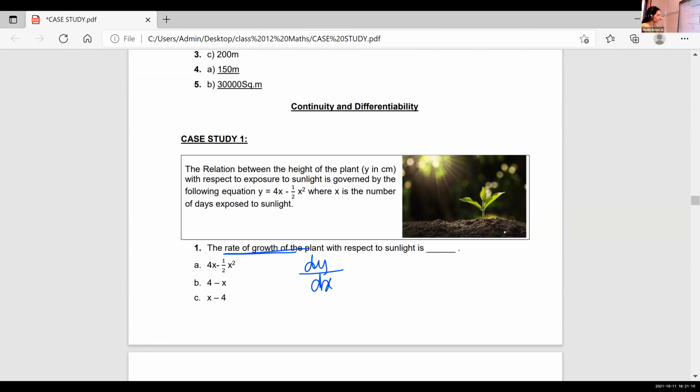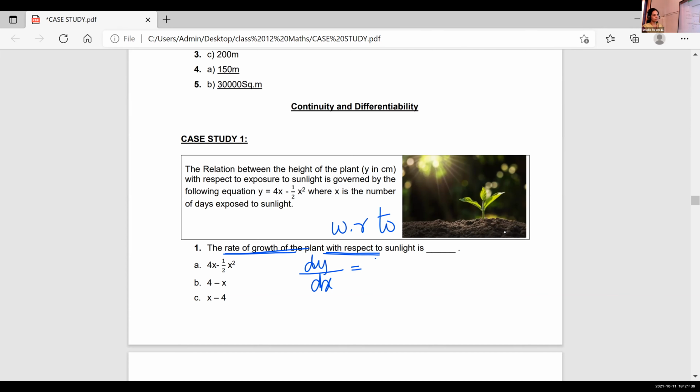Similarly, instead of writing 'with respect to', sometimes they will write WRT in the question paper. So the rate of growth of a plant with respect to sunlight will be dy/dx.